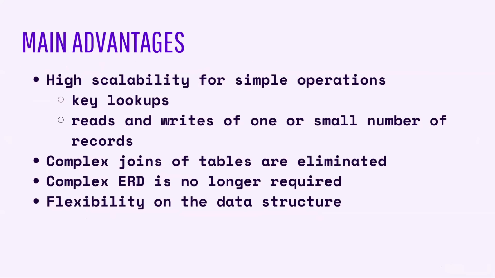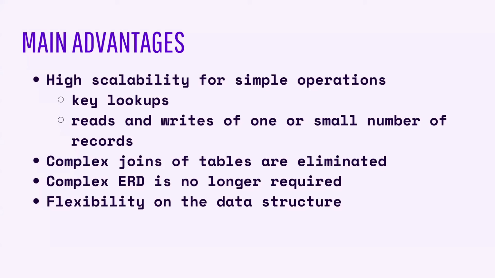So the main advantages of these simple operations are scalability, high scalability. You can have a large number of data stored because all we are doing is simple key lookups and then reads and writes of one or a very small number of records. You're not doing a whole lot of connected things in this kind of system. There are no several entities where you write one record in this table, another record in that table, another record in some other table.